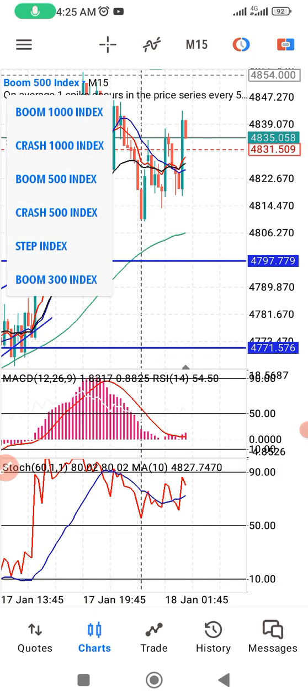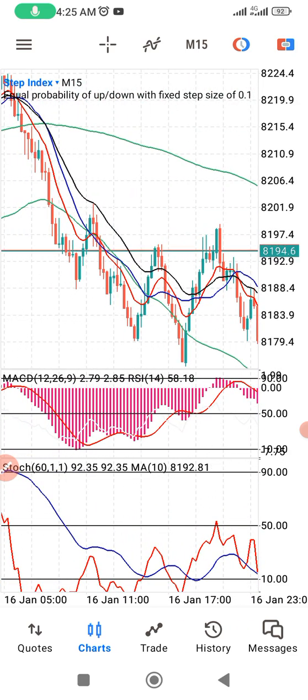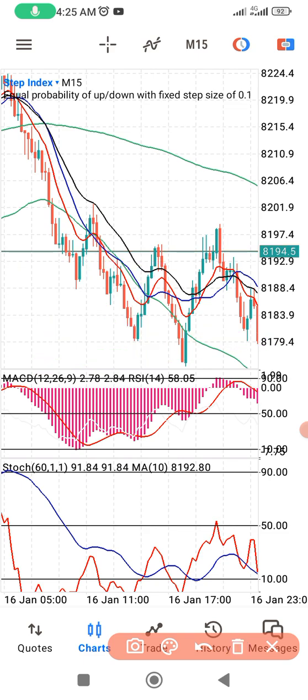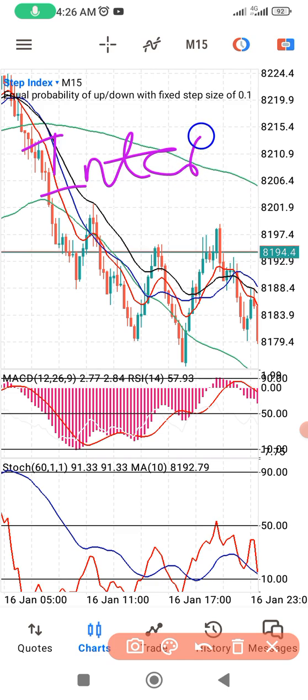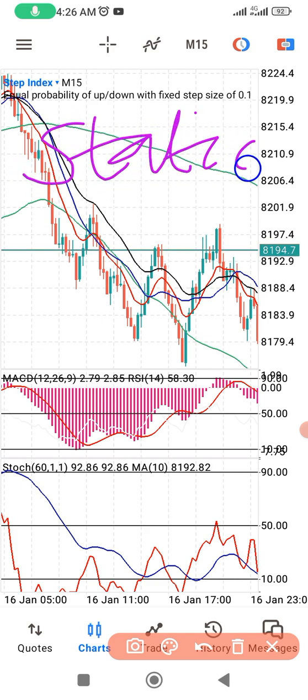So let's continue. Now we have two major types of liquidity. We have static liquidity, and we have dynamic liquidity.